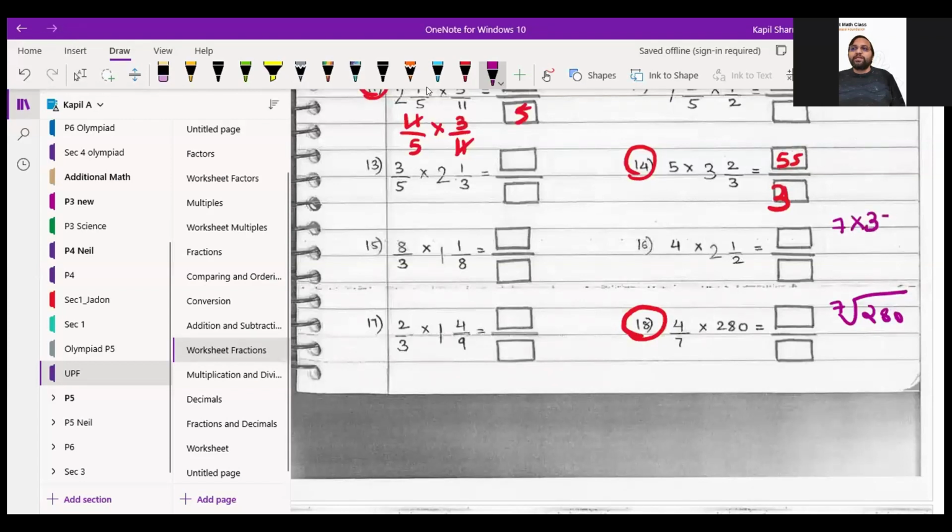What is 7 times 3, Swastik? Yeah, it's 160. Okay. So it's 160 upon 1.